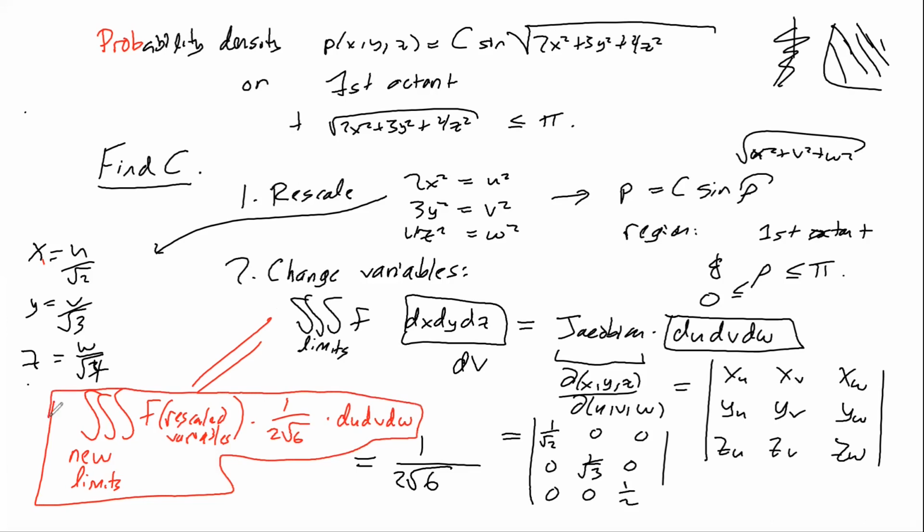So this was, I think, the main challenge of this problem, because once you do this, now it's just use spherical coordinates. And just to set up what the integrand looks like, the new limits are just rho between 0 and pi. In order to get that first octant, I would just draw a zr plane, and I would draw a yx plane.